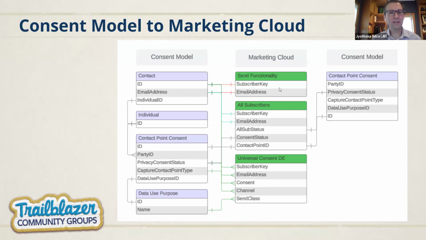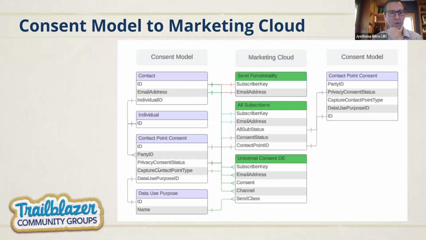From Contact, in Classic, we're going to be pulling in the subscriber key from the contact ID and the email address. In All Subscribers, we're going to be using various different data points to update All Subscribers based on that consent model. Again, we're going to want to use that subscriber key that comes from the contact ID and the email address. Email is not so necessary on All Subscribers, but it depends on what you're using for the subscriber use cases, so we wanted to keep that in there.